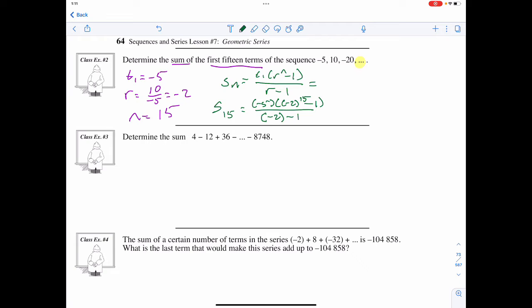And the big thing here is making sure that you're using the brackets and putting it into your calculator properly. If you did it properly, you should have got the value of -54,615.